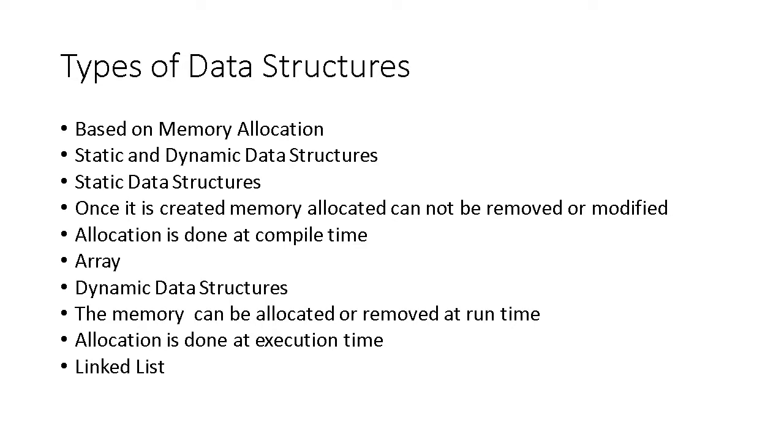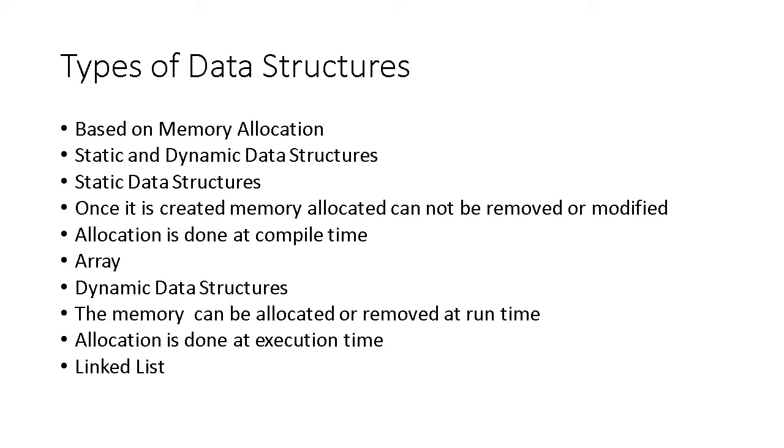Linked list is an example of a dynamic data structure, in which every node's memory will be allocated at runtime. Whenever I want to store data for some variable, I will allocate memory for that at runtime. Once my work is done with that variable, if I want to remove it, I can deallocate the memory allocated for that variable.